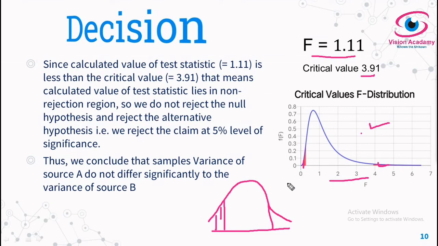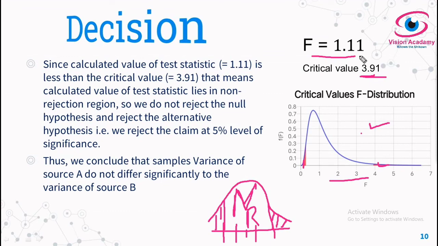Our tested value is 1.11, falling somewhere here, and on the left side somewhere here, but our critical value is 3.91 on the right side and 3.91 on the left side. It is clear that our tested value lies in the non-rejection region.